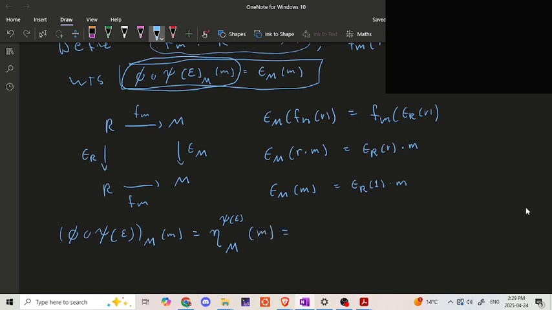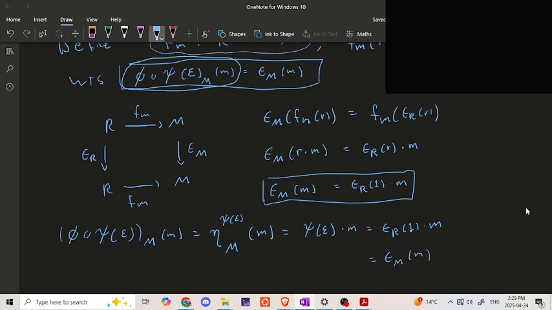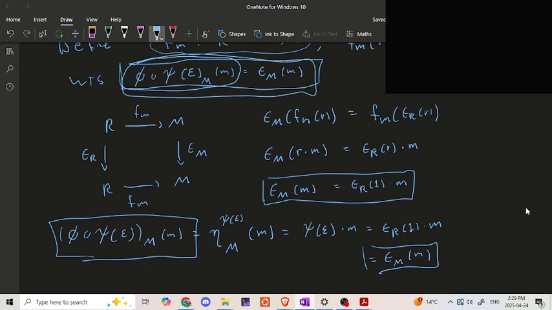So that is going to be psi epsilon, which is an element of the center of our ring, acting on little m. But psi epsilon is defined to be epsilon_R at 1, and of course that's acting on m. And then the thing that we just demonstrated was in fact that this is epsilon_M at m. And so therefore, the right-hand side is equal to the left-hand side, exactly as we wanted above, and therefore these maps are, in fact, mutually inverse to each other.